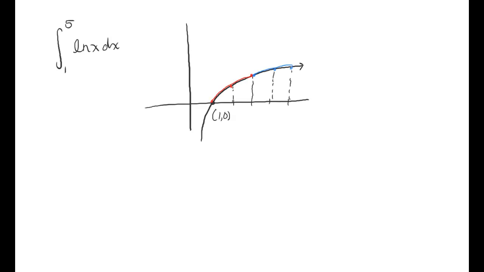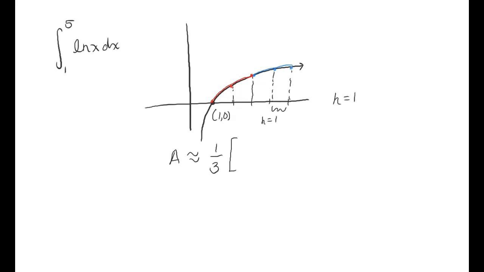So how does Simpson's rule work? It says the area is approximately height over 3. So height is 1, 1 unit between values.